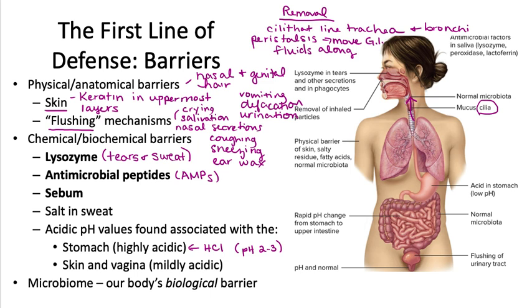A fun fact is that vitamin D is known to help protect against infection because it regulates or stimulates the expression of genes that code for antimicrobial peptides. So if you're low on vitamin D, you might not be able to make these antimicrobial peptides as well.